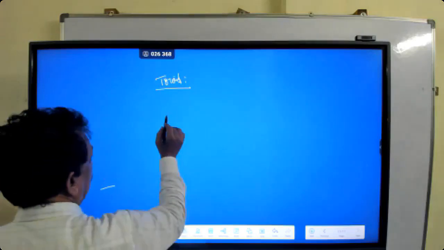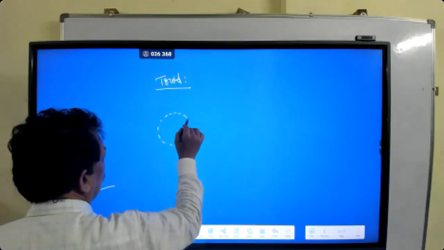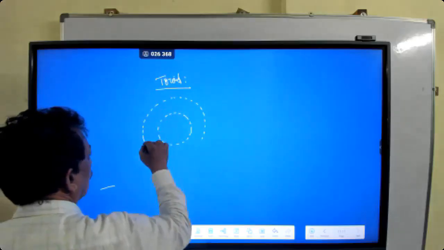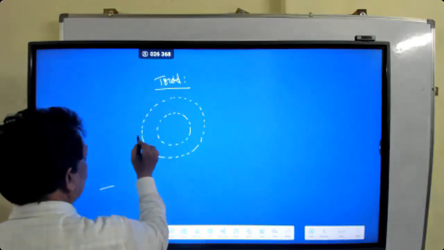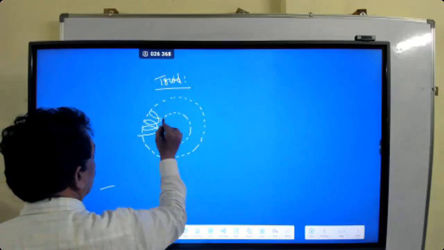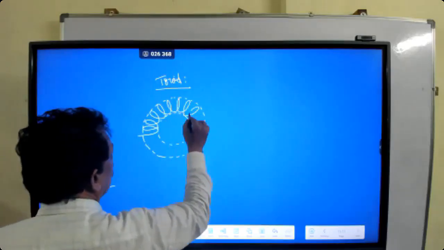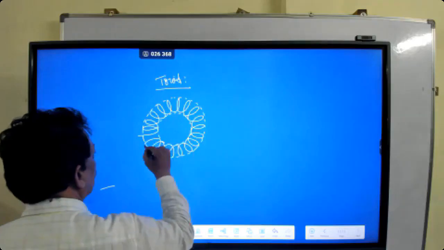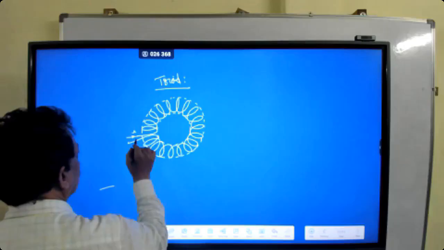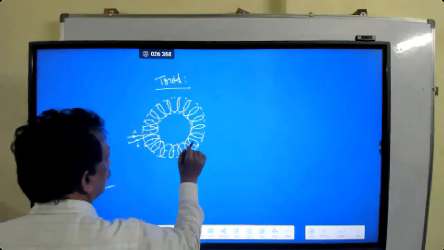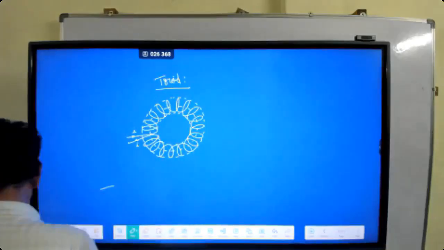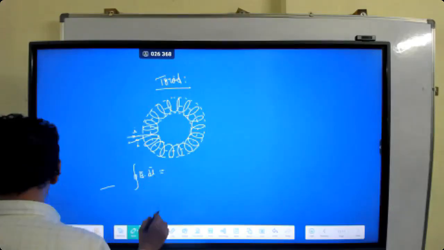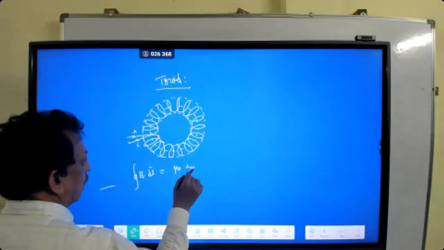Now we can take a circular loop. According to Ampere's circuital law, the closed integral of B vector dot dl vector is equal to mu naught times I net, the total current.